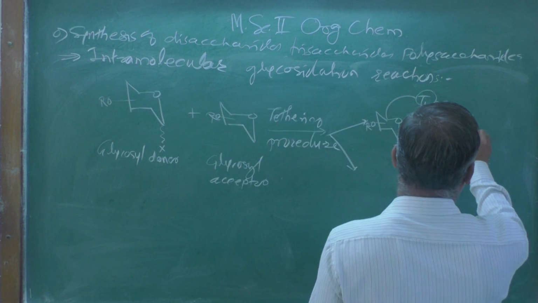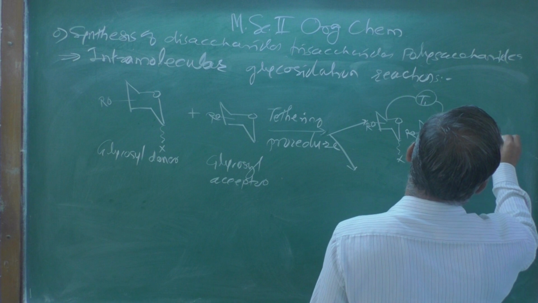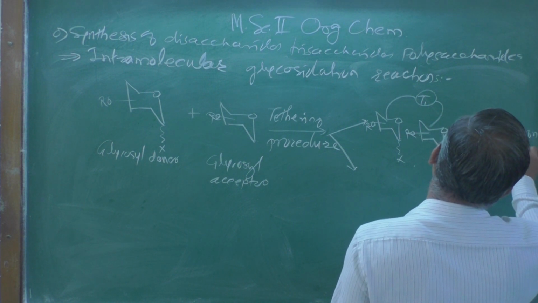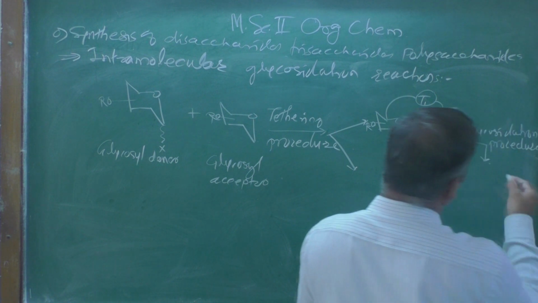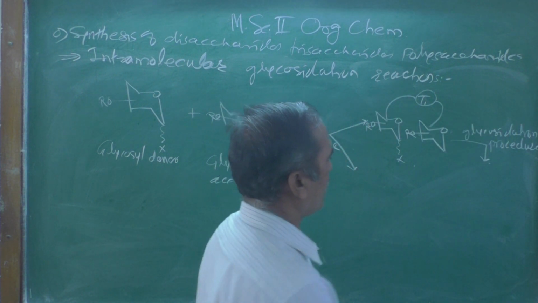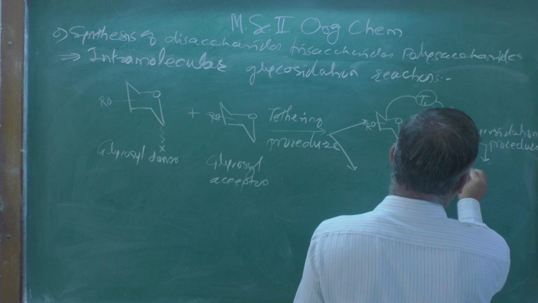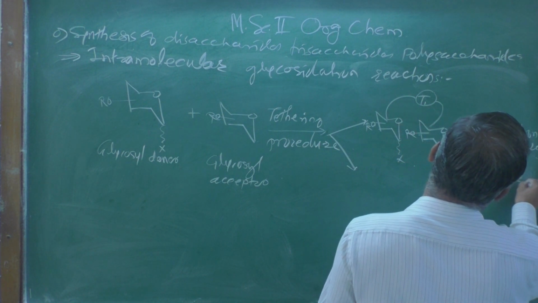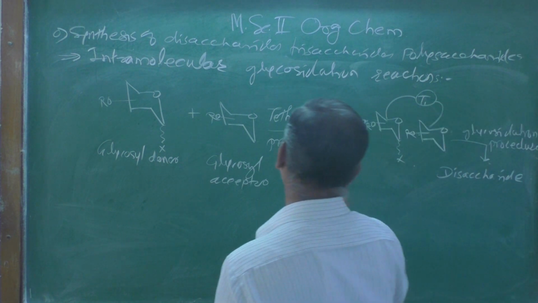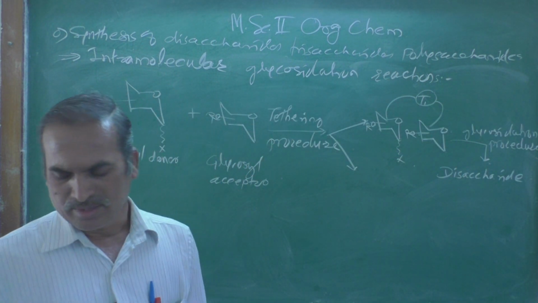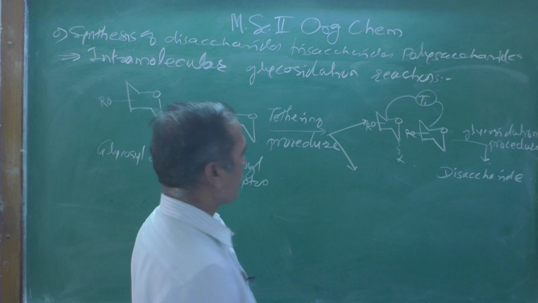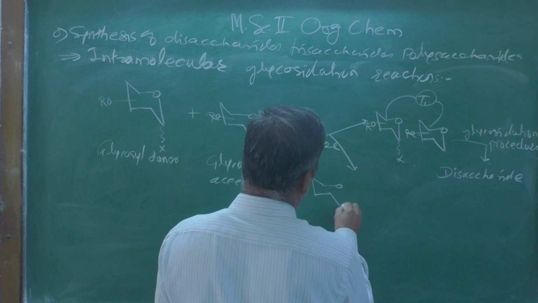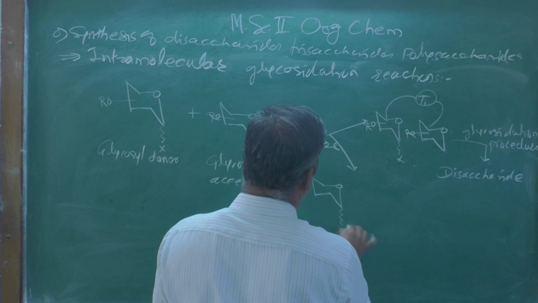After the glycosidation procedure, the resulting compound is a disaccharide.